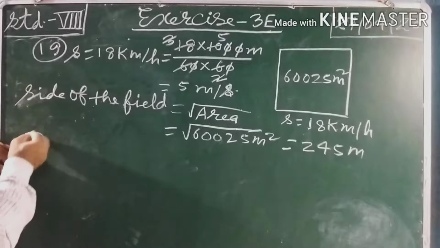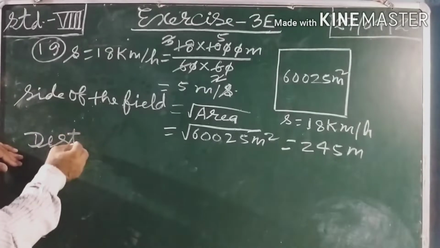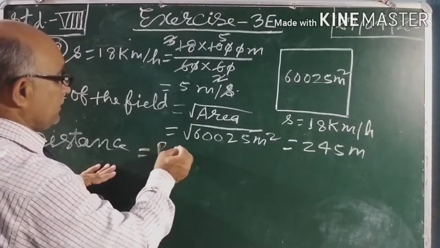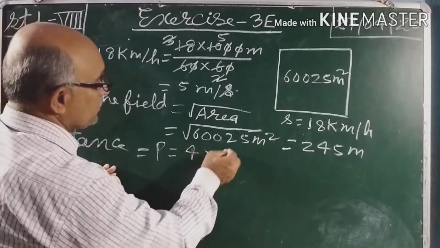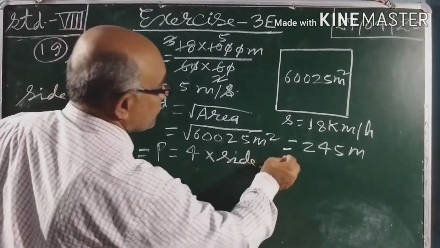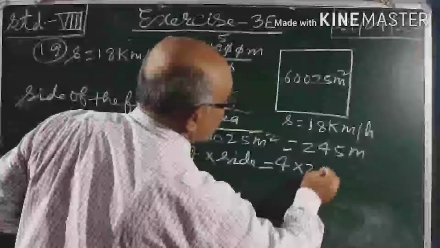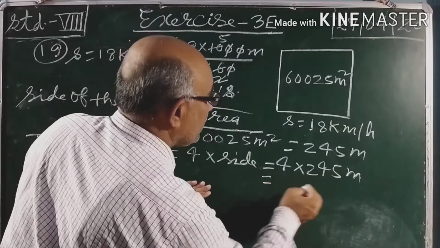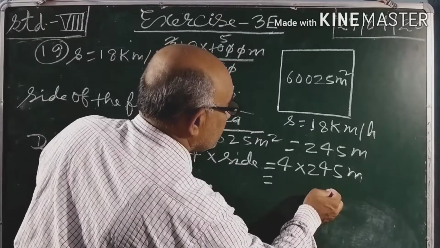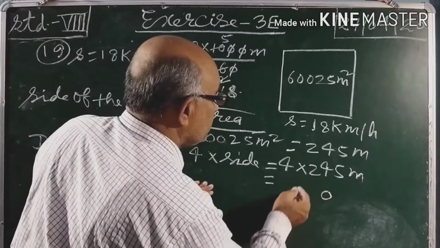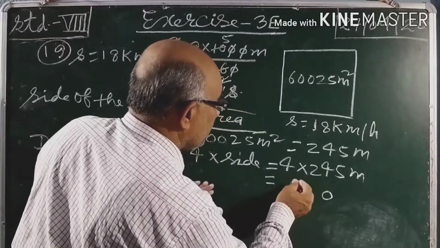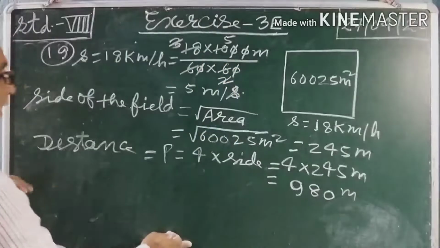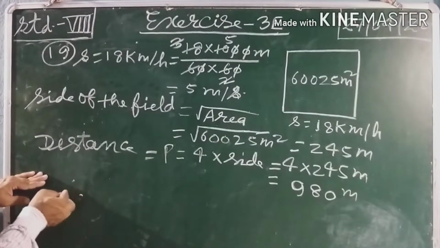So find the distance. Distance is equal to perimeter. Perimeter is equal to 4 into side. So 4 into 245 meter. 4 5 is 20. 980 meter.